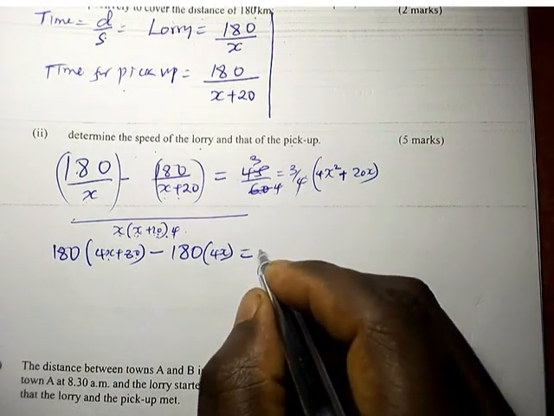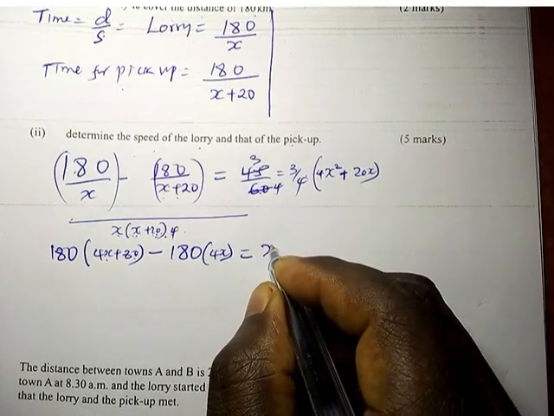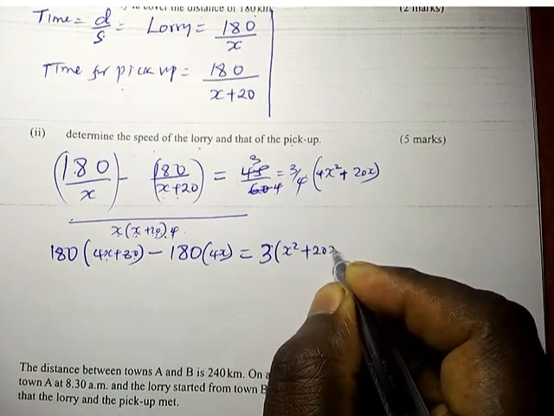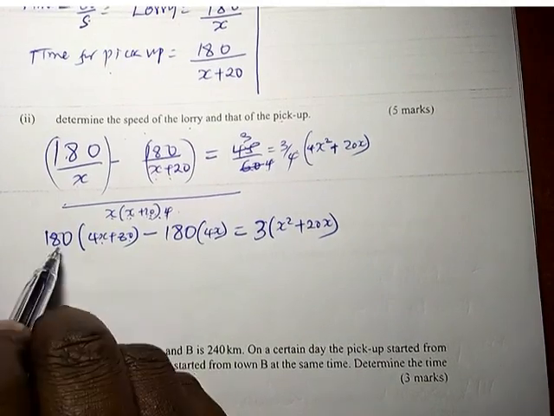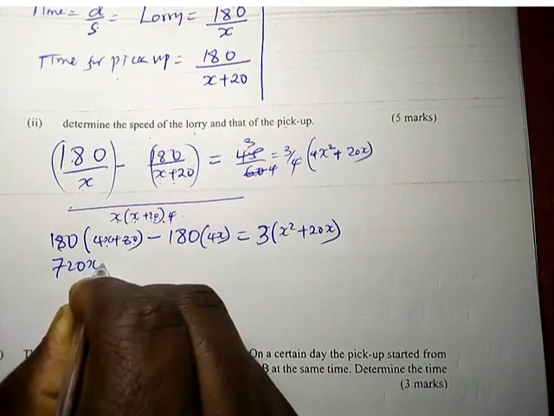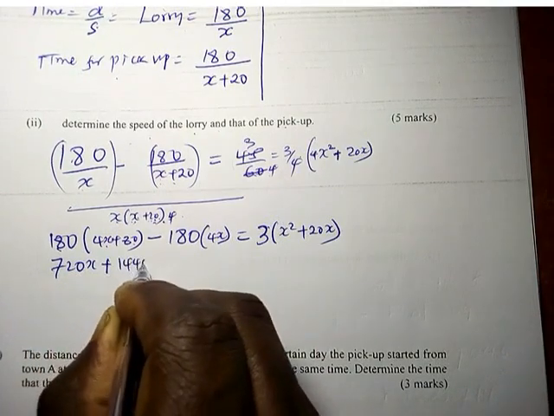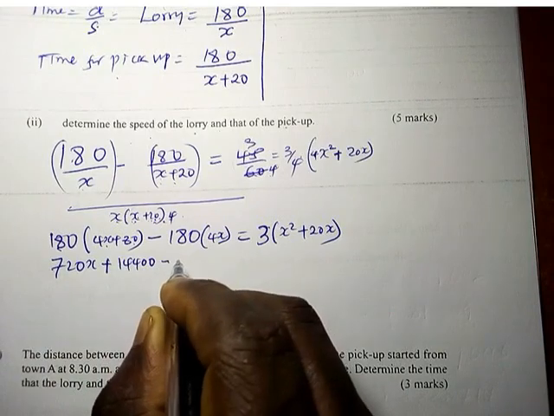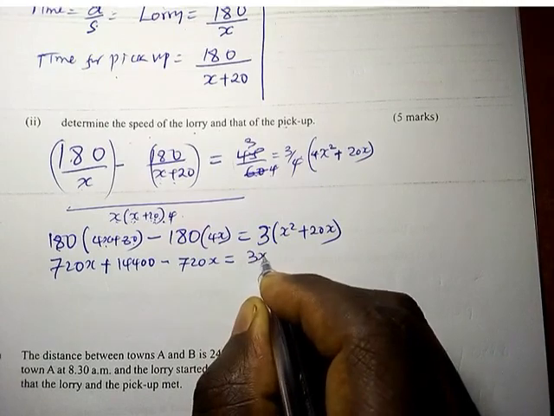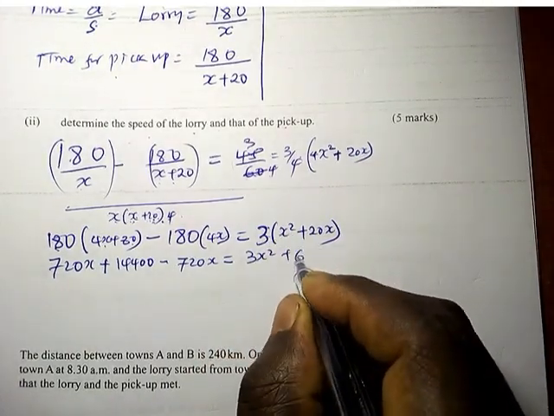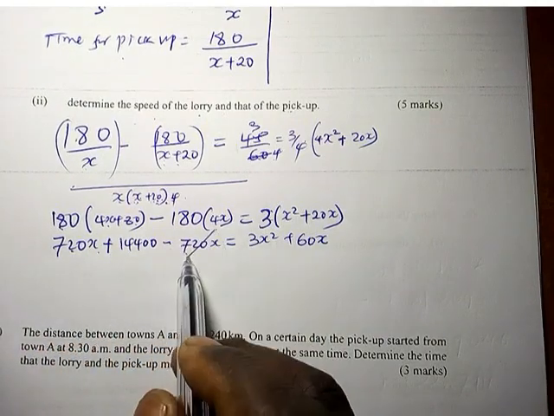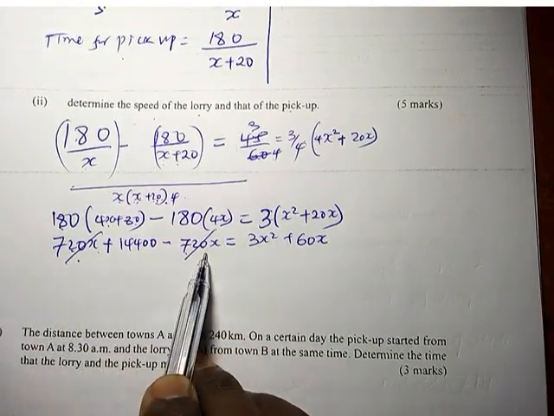So this one will be 3 into x square plus 20x. So if we open this one, we will have 720x plus 14400 minus 720x is equal to 3x square plus 60x. 720x will cancel out because 720 minus 720 is 0.